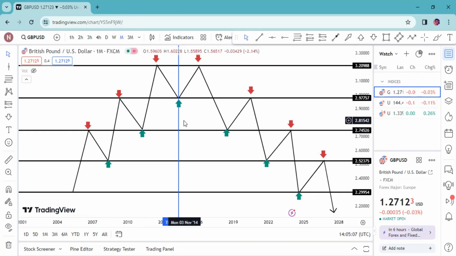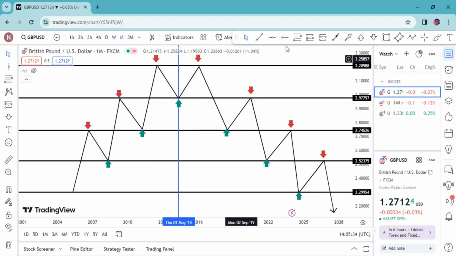We only use our monthly time frame to make these levels, zones. So the market moves from this zone to this zone, from this zone to this zone.